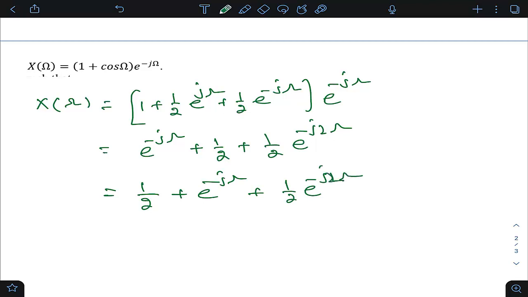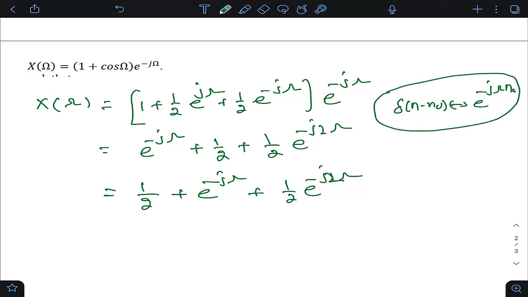You know very well that delta of n minus n naught has its corresponding DTFT e raised to power minus j omega n naught. This is a standard DTFT pair. So if this is what your X of omega is, and I ask you to write what is x of n, compare with this one.